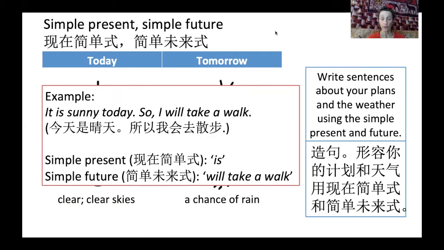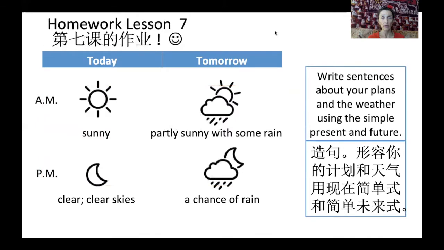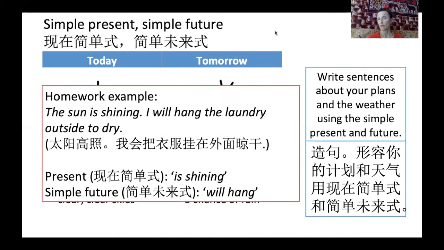Okay, so if we look, here's the lesson. I don't know what sentences you tried to write, but here's another example, 其他的例子 that maybe somebody wrote. The sun is shining. I will hang the laundry outside to dry. Okay, so 我会把衣服挂在外面晾干.